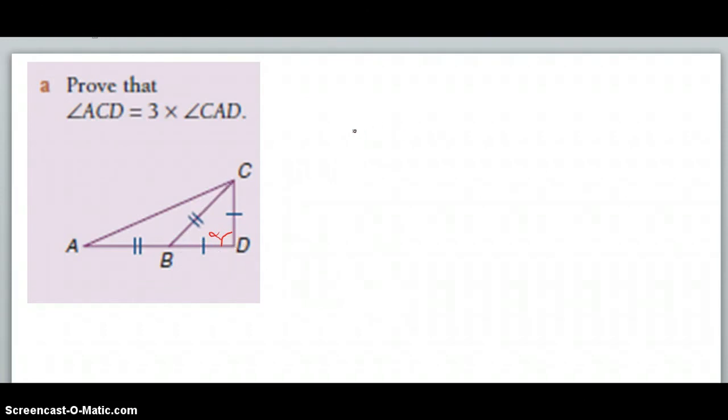I can say that the angle CBD is congruent to the angle at BCD. These two angles are equal.